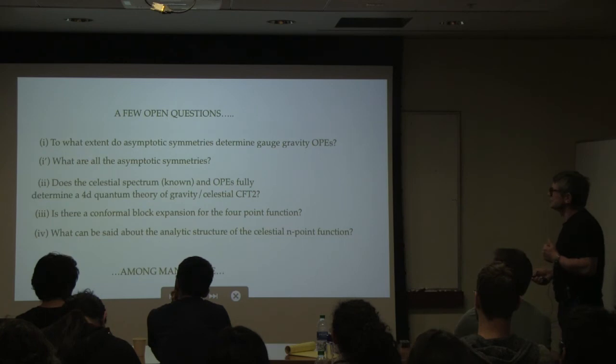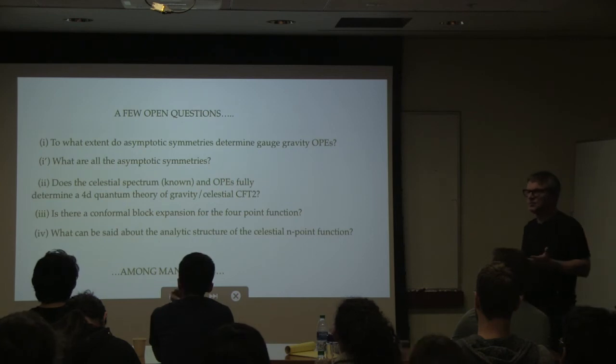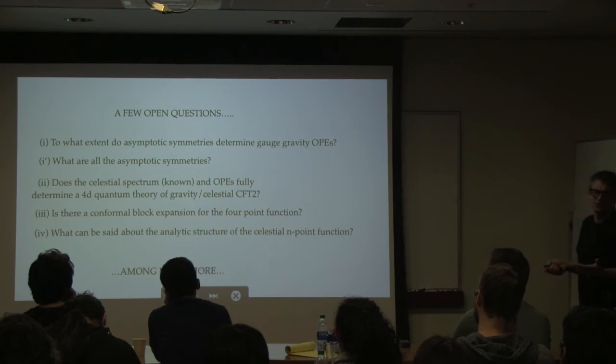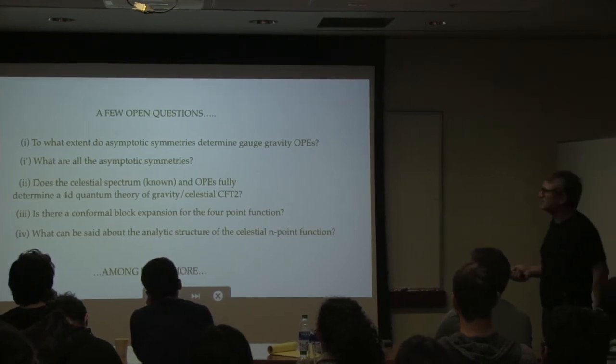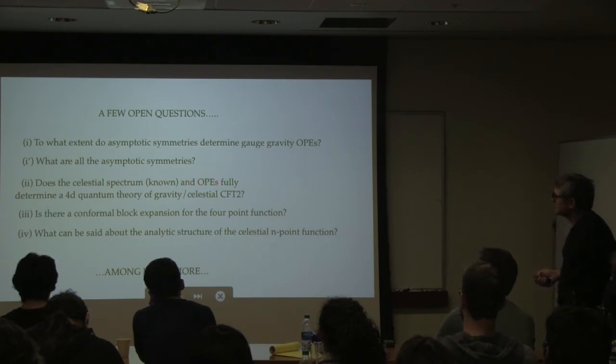Of course, a question which maybe should go before this is, what are all the asymptotic symmetries? We thought we knew all of them 15 years ago, but then more started appearing, and we're not sure exactly how many there are, and in what way they get corrected, and to what extent they persist to the quantum theory.